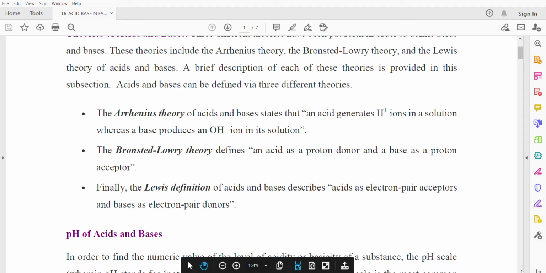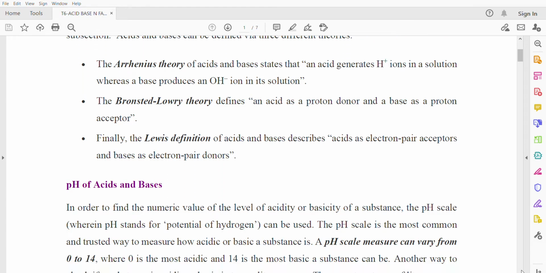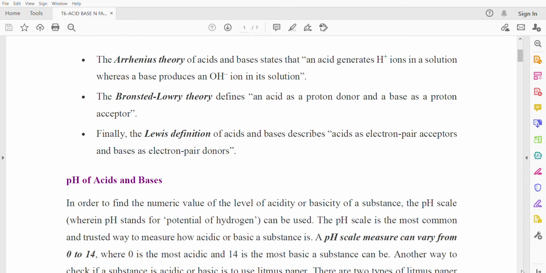What is Arrhenius theory? It is very simple: dissociation of protons in water will be an acid, and any compound which dissociates in water with hydroxyl ions will be a base. Bronsted-Lowry: proton donor or proton acceptor.